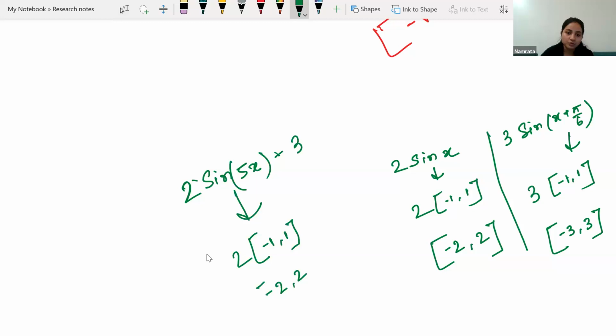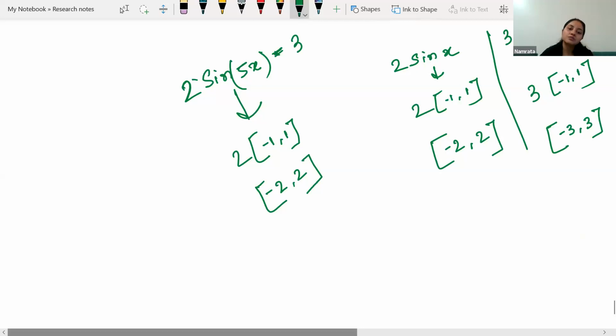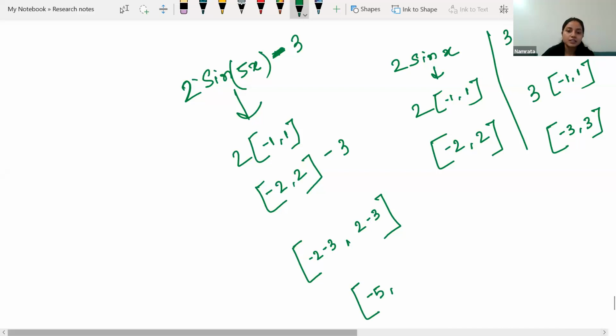And if there is a minus 3 after that, then we have -2 minus 3 and 2 minus 3, so our range will become -5 to -1.